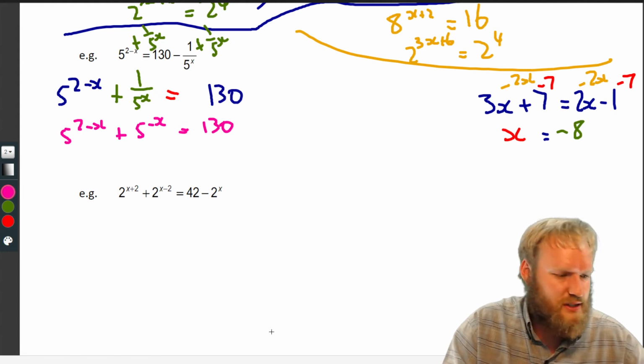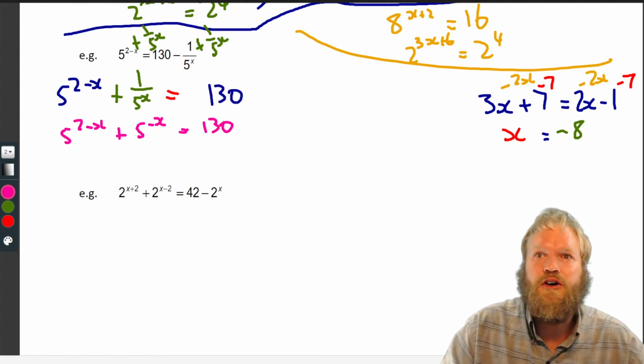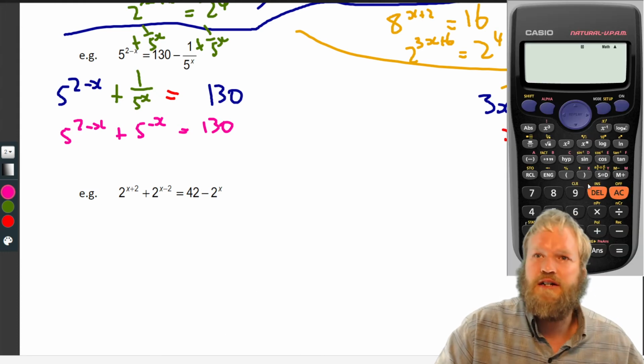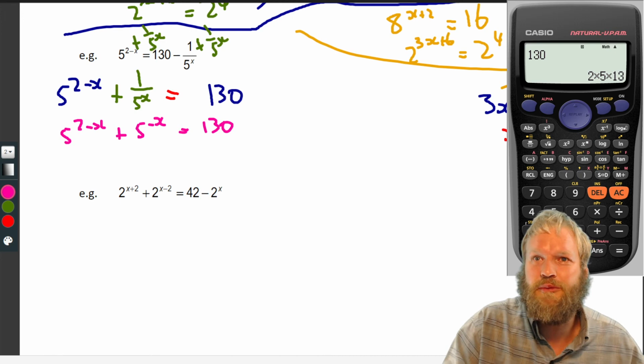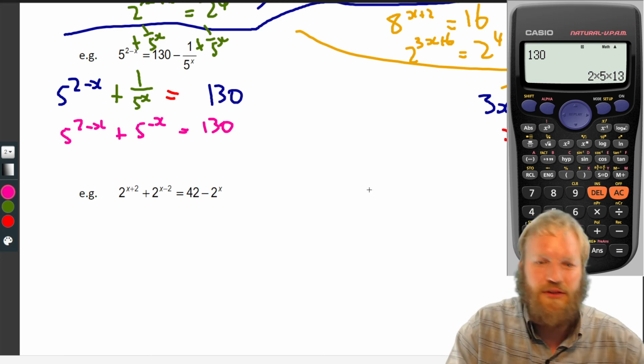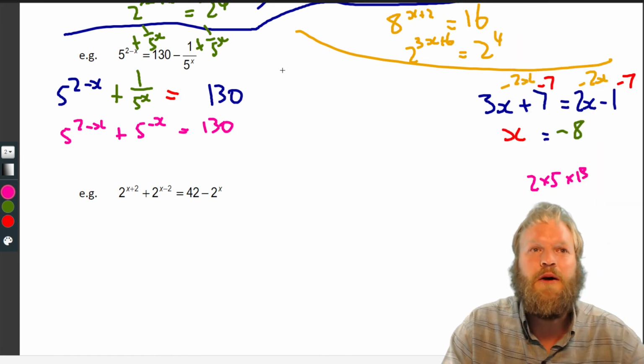I don't know, let's see where that gets us. 130 equals 2 times 5 times 13. I feel like that's not going to be too great. Let's just bank that one. Goodbye calculator.